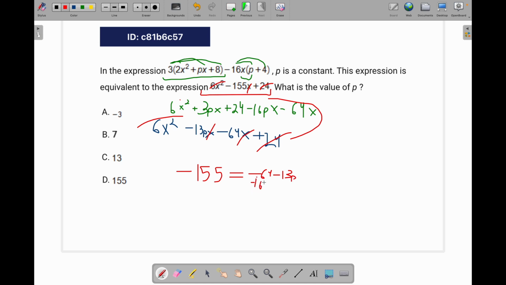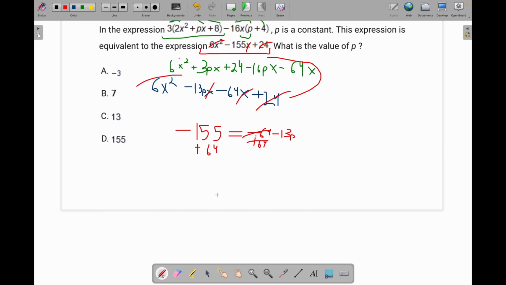So you cancel that out right here. When you add 64 to negative 155, let's use our calculator here. You're just going to get negative 91 is equal to negative 13p.